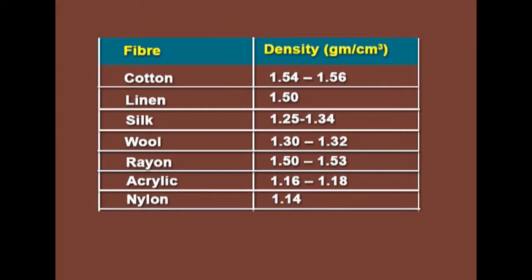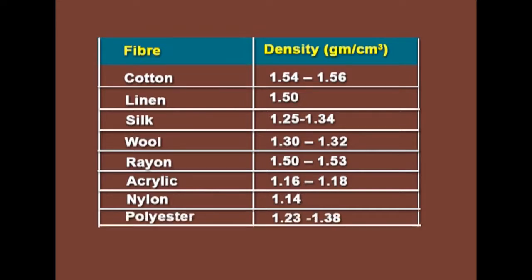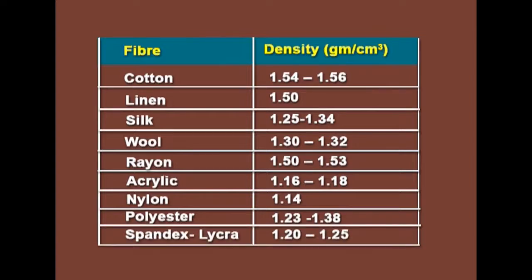This is the lightest of all the fibers that we use. Polyester has a density of 1.23 to 1.38, and spandex or lycra fiber has a density of 1.20 to 1.25.